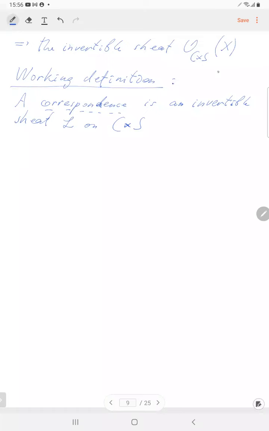Although, as we've just seen, there are various other uses of this term, for this and the next week, we'll just have this definition.